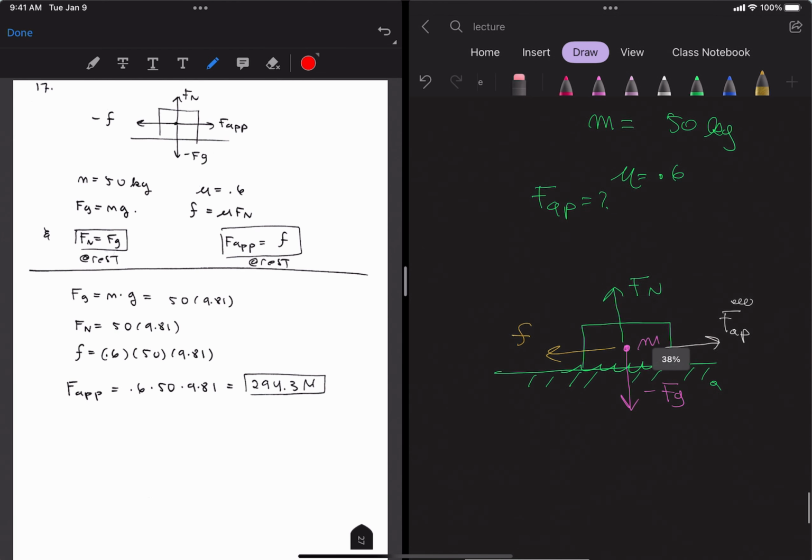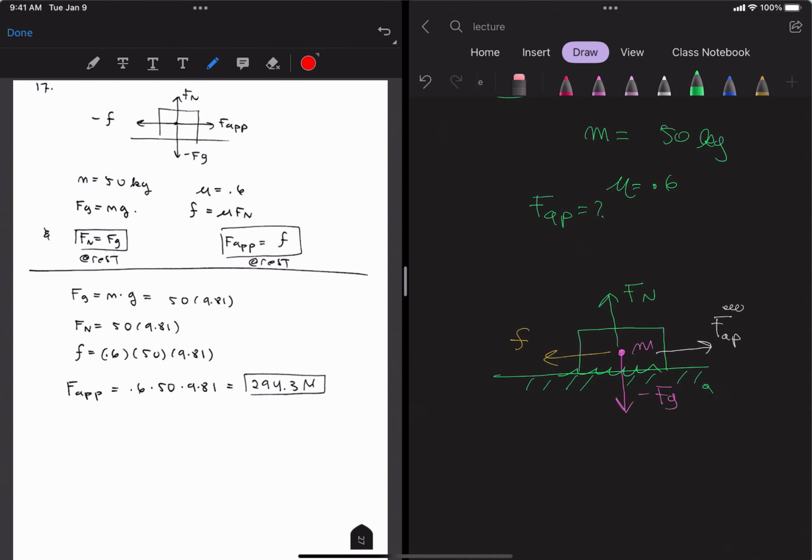First, if you can, it's always get the weight. That's always going to be easiest. So the weight is going to be mass times g. So that's going to be 50 times 9.81. And through the same reasoning as the last word problem, in the vertical direction it's stationary, so that must mean that some force balances our gravity. In this case here, that's going to be the normal force.